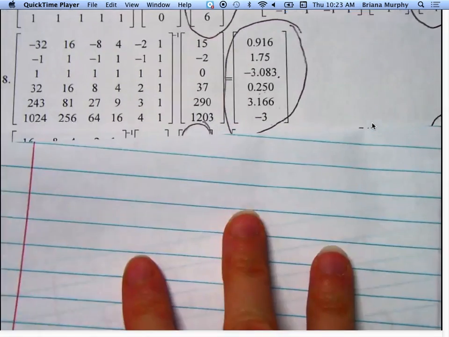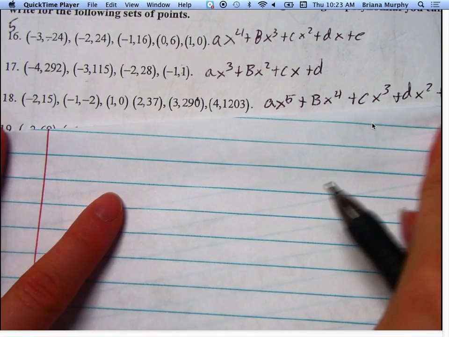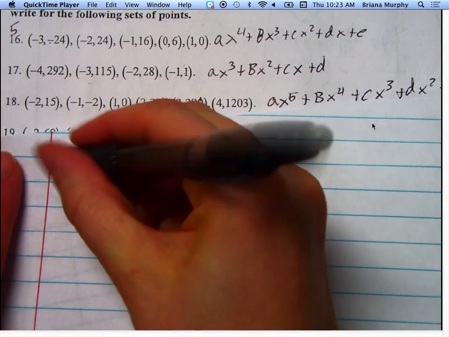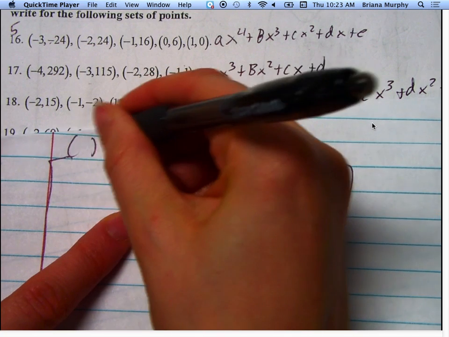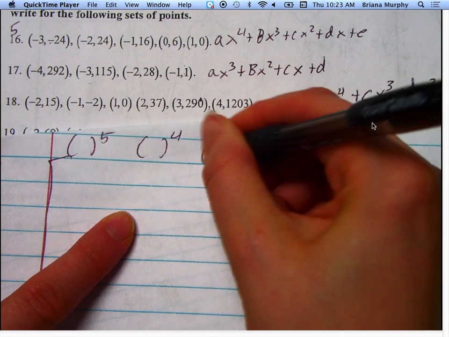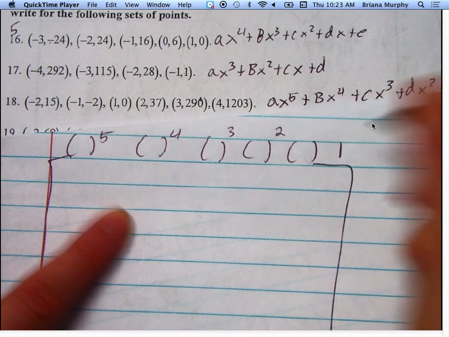Okay, so number 18 looks like this. So I know it's to the 5th. So I'm going to make my big matrices. And I know my first column is going to be to the 5th, second one to the 4th, then to the 3rd, then squared, then by itself, then 1.